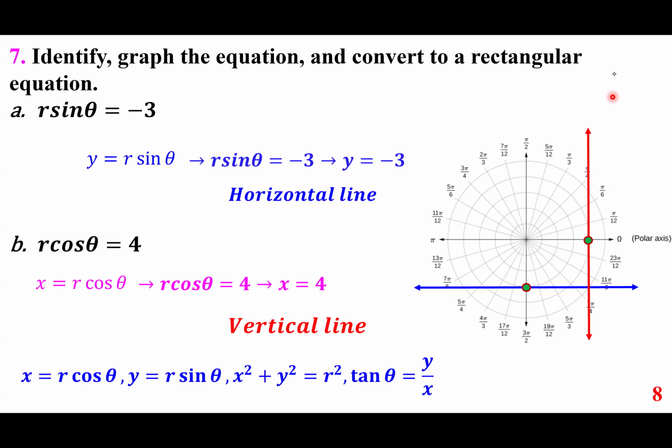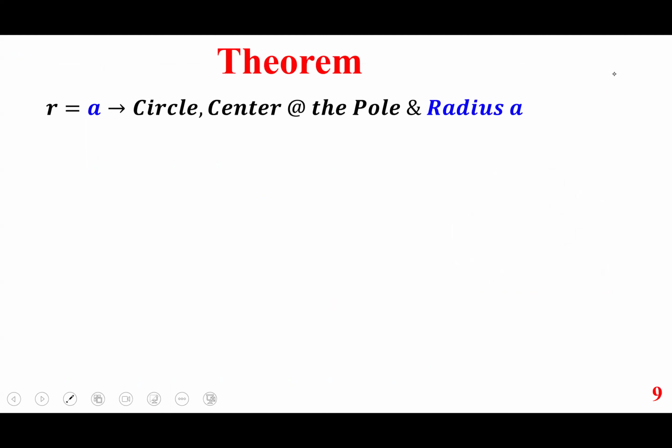So a synopsis of what we have covered so far. Theorem. When r equals a, it's a circle. The center is at the pole or the origin with the radius a. When theta equals some angle alpha, the line is y equals tan alpha times x. For example, theta is pi over 4, tan of pi over 4 times x.